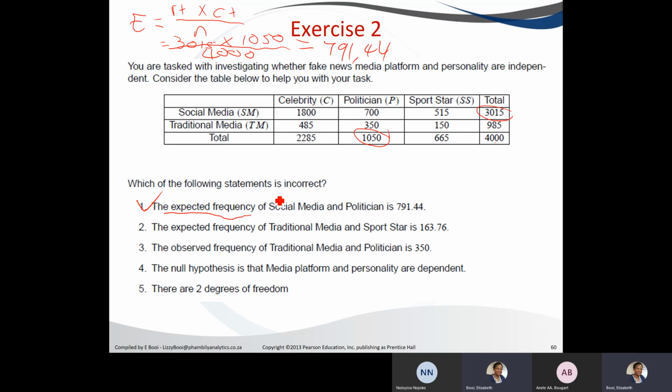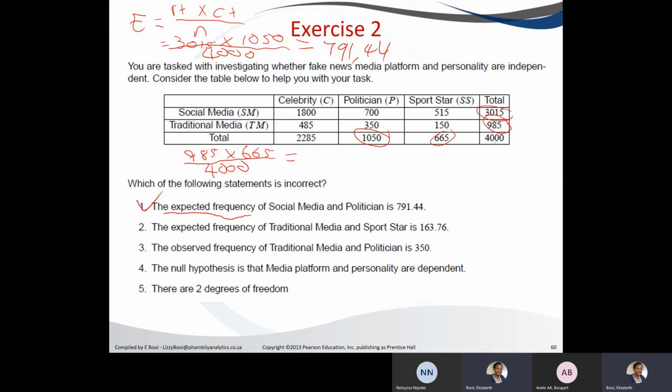Expected value for traditional media and sports star, that's traditional media, it's 985. So we go 985 times sports star is 665, divided by 4000.